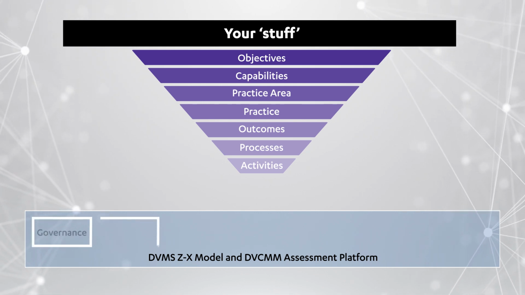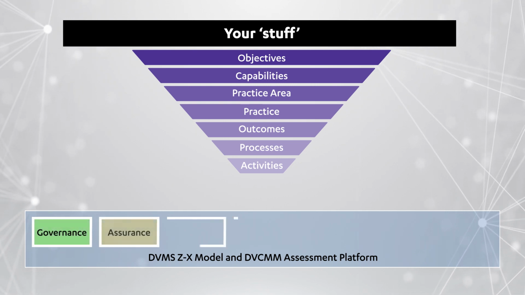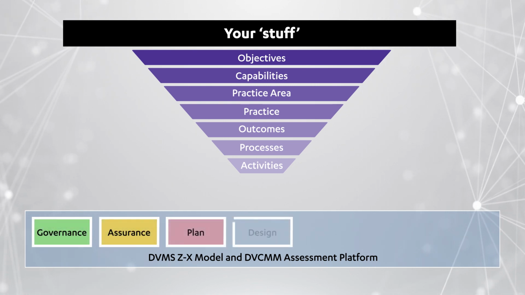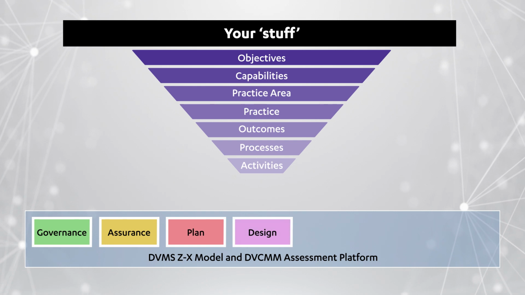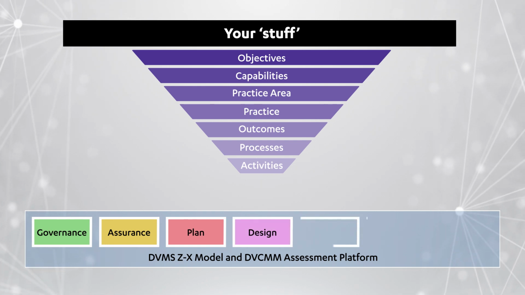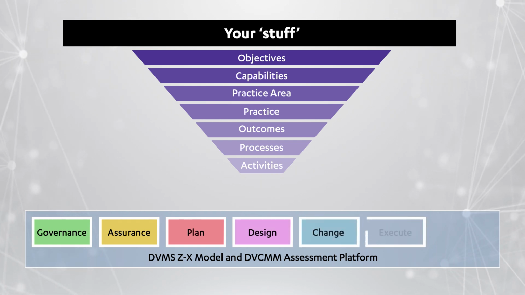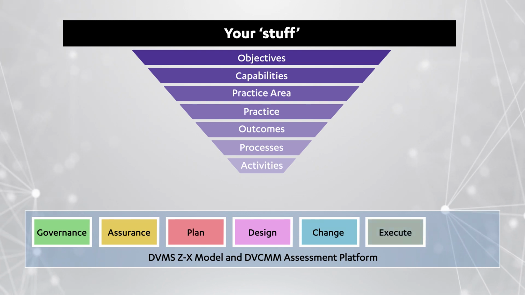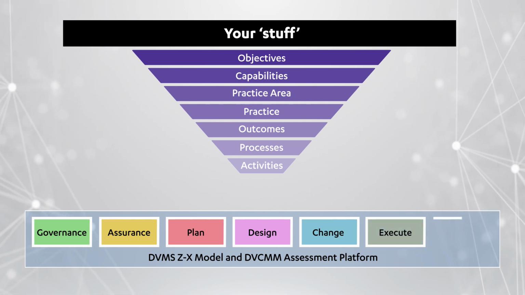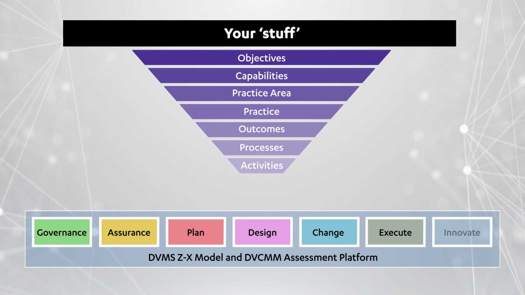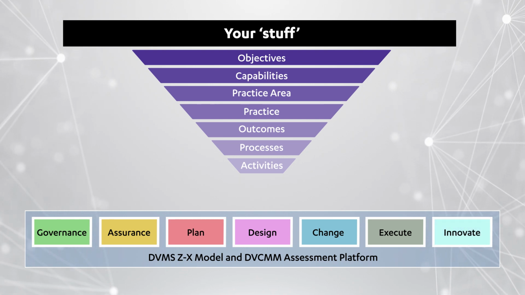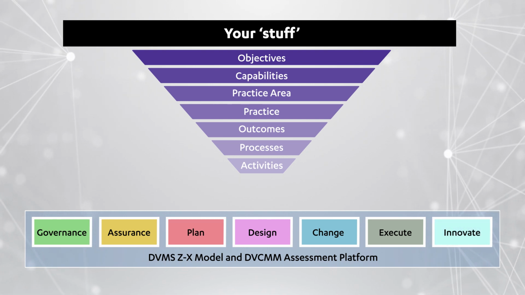These include governance and assurance. They include our ability to plan things, design new or existing capabilities, manage organizational change, successfully execute and deliver, and drive various levels of innovation in order to improve our capabilities over time.